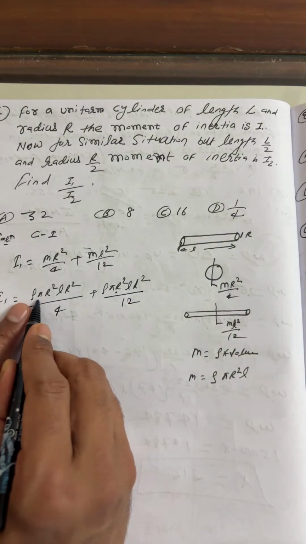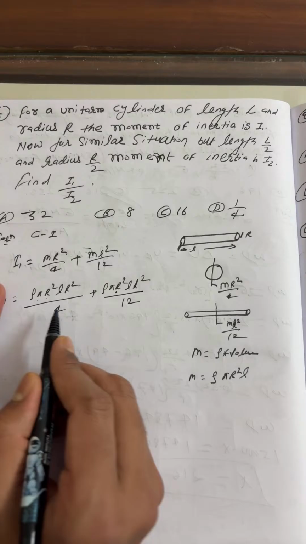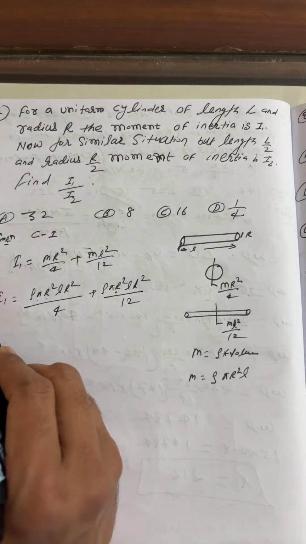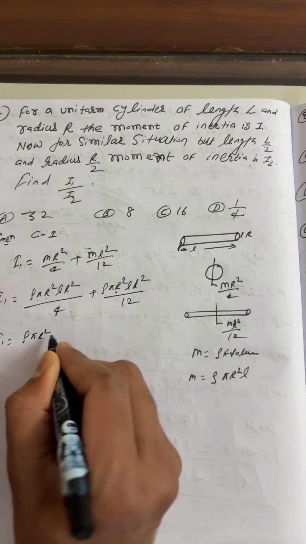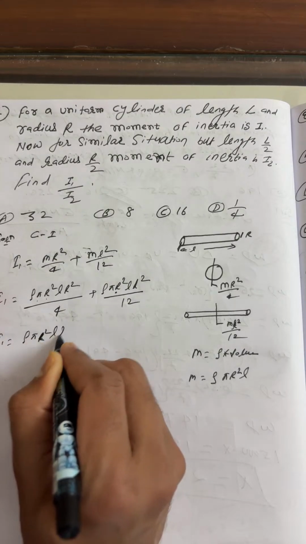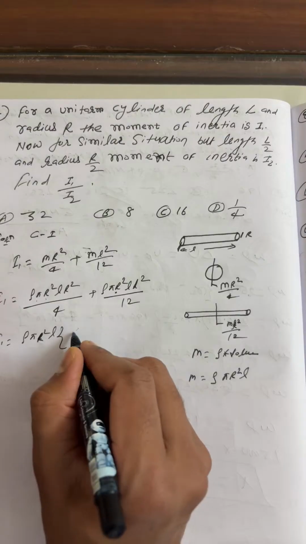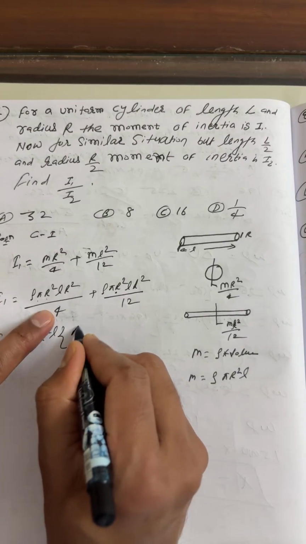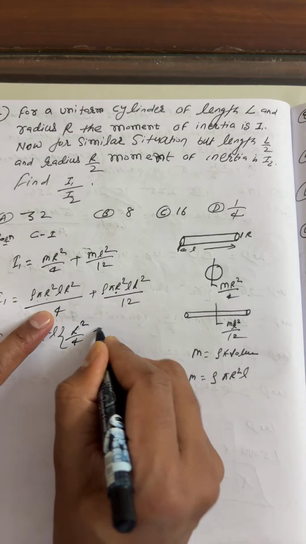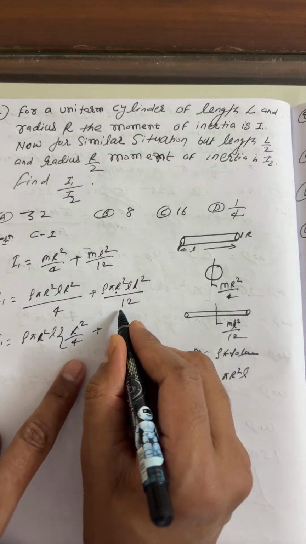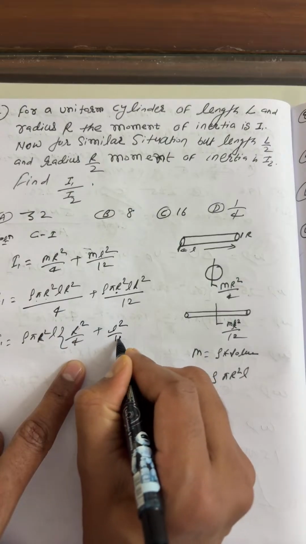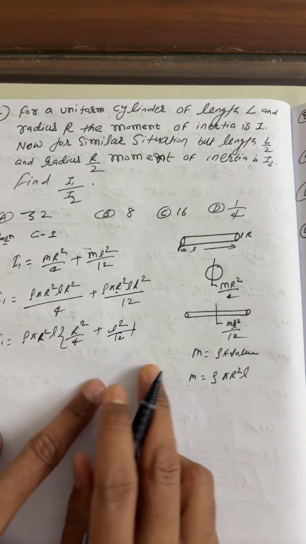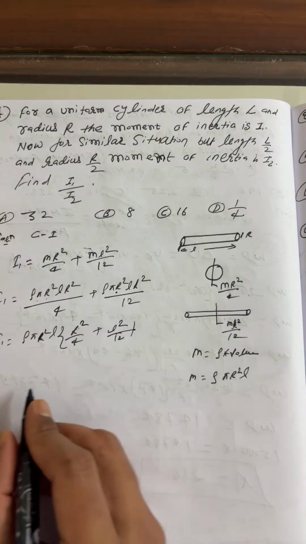I'll take common rho pi r square L, so I get rho pi r square L into, in brackets, r square by 4 plus L square by 12. Similarly, I'll find I2 as well.